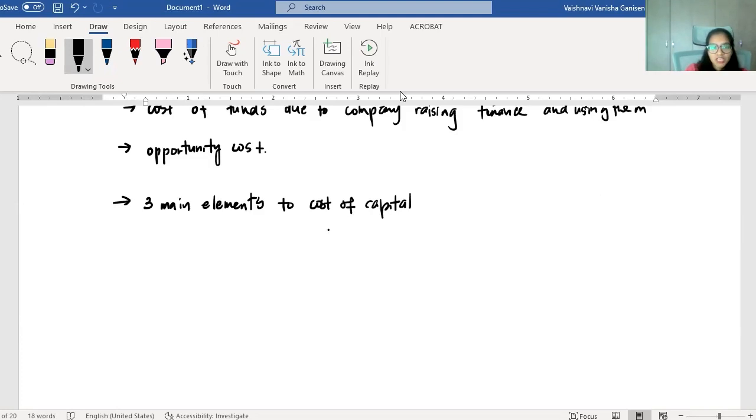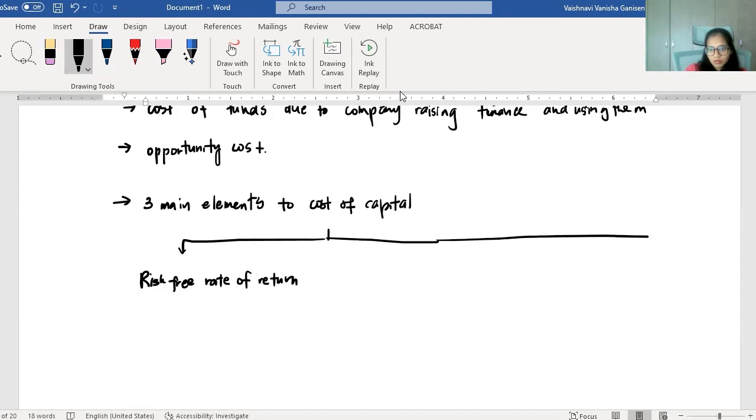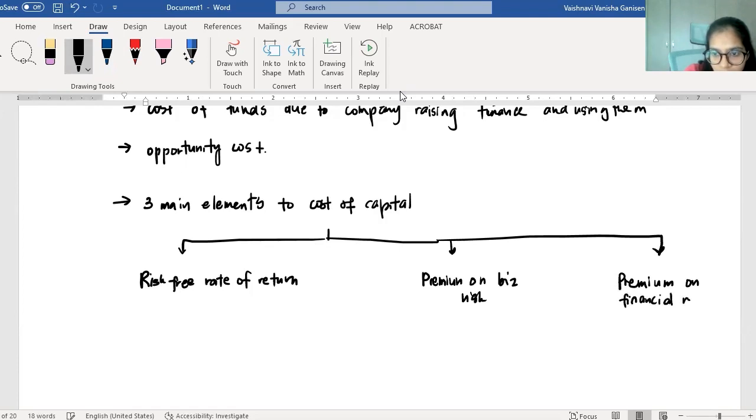Three main elements: premium on business risk, premium on financial risk.